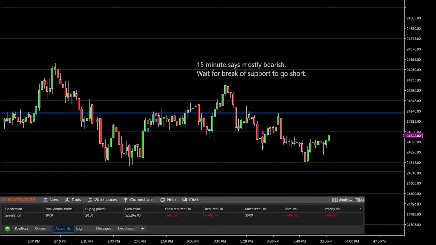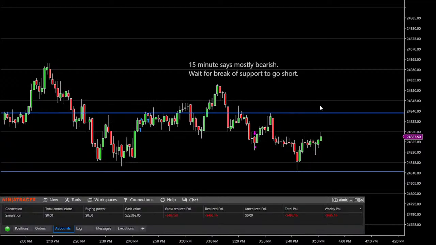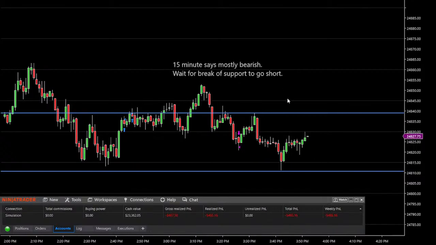So it feels good thinking, okay, we're not just looking at the small thing for when it's time to go long or short. I don't know if it's showing my mouse. There we go.